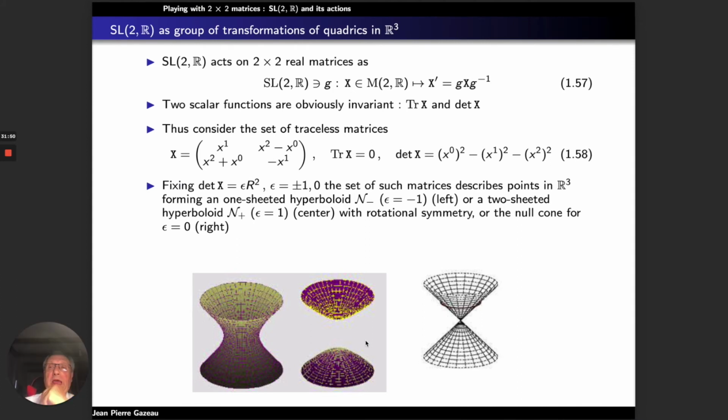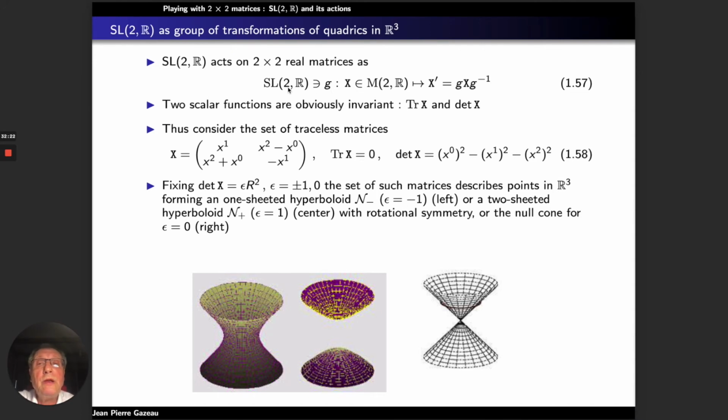Now we can consider the action of SL2R on specific quadrics in space R3. SL2R, of course, has 2x2 real matrices, and it acts on the set of 2x2 real matrices in the following way.